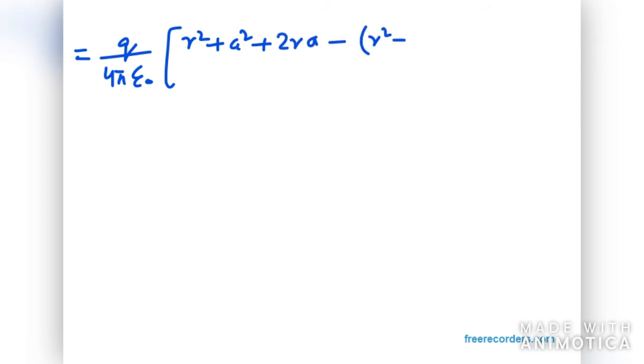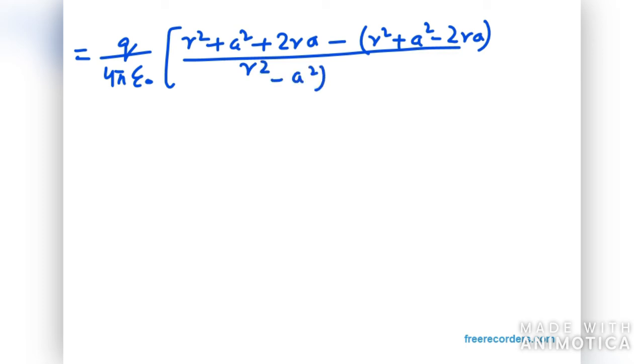Q over 4 pi epsilon naught, then (r plus a) whole square. It will be r square plus a square plus 2ra minus of r square plus a square minus 2ra over (r square minus a square) whole square in the bracket.